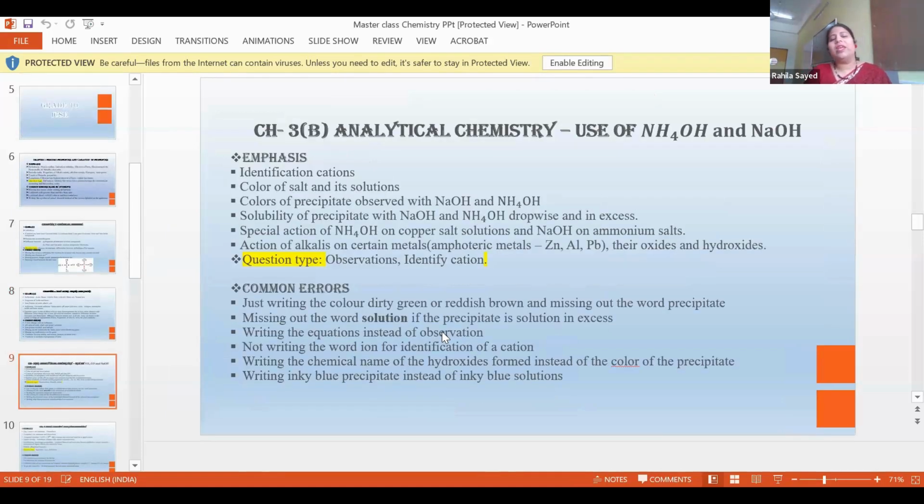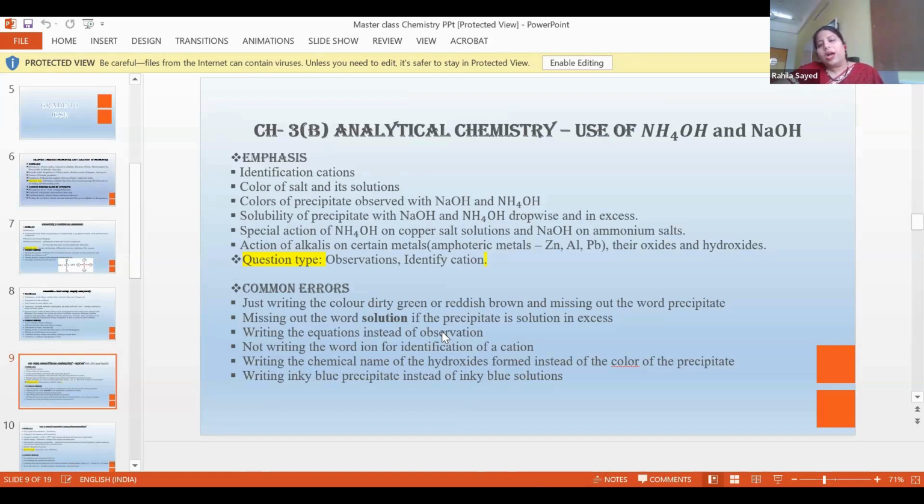Now, very, very important chapter, analytical chemistry, use of ammonium hydroxide and sodium hydroxide. Children, if you check the cations that are given to you or the salt solutions that are given to you, they are the same. We have to take the same salt solutions, but once we have to test it with ammonium hydroxide and then with sodium hydroxide. Over here, basically, they ask you observation types of questions or identify the cation.